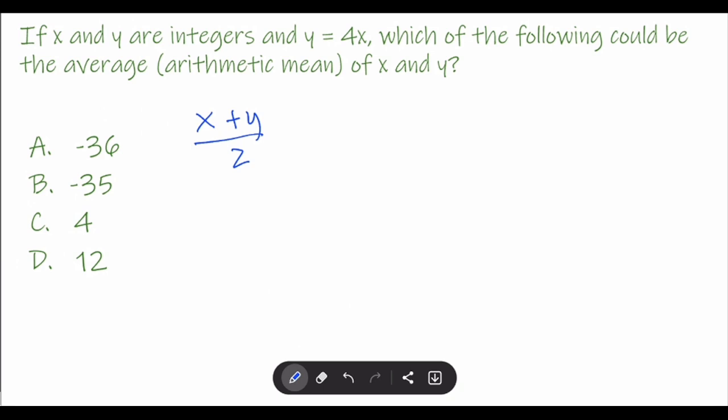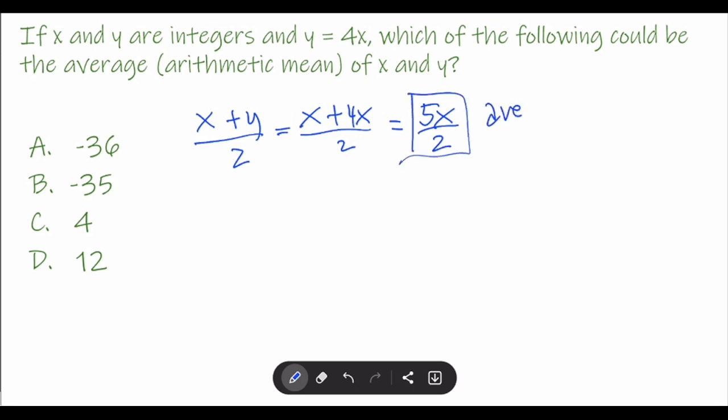That's the usual way of doing the arithmetic mean. Since y is 4x, we can make it simpler: the average becomes x plus 4x, which is 5x, over 2. So 5x over 2 is the average, or the arithmetic mean.